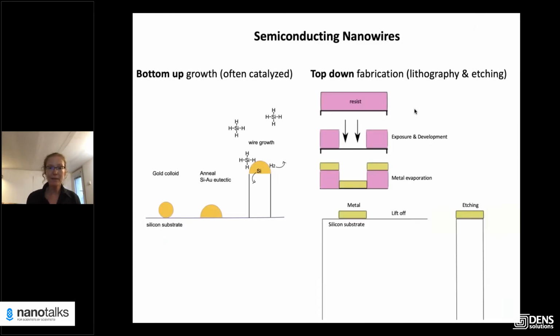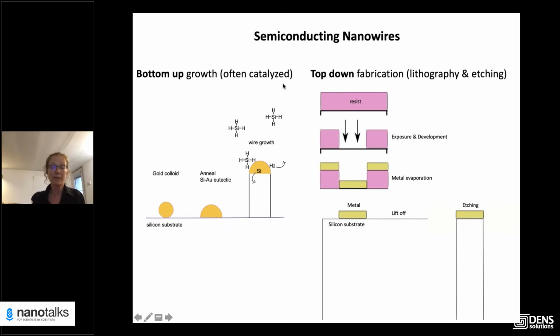So because I cannot see you and I don't know from what backgrounds you come, I wanted to start with a very basic introduction. So I will speak a lot about nanowires, more in particular semiconducting nanowires. And basically, we can make these structures in two different ways. So one potential method of making them is by so-called bottom-up growth methods.